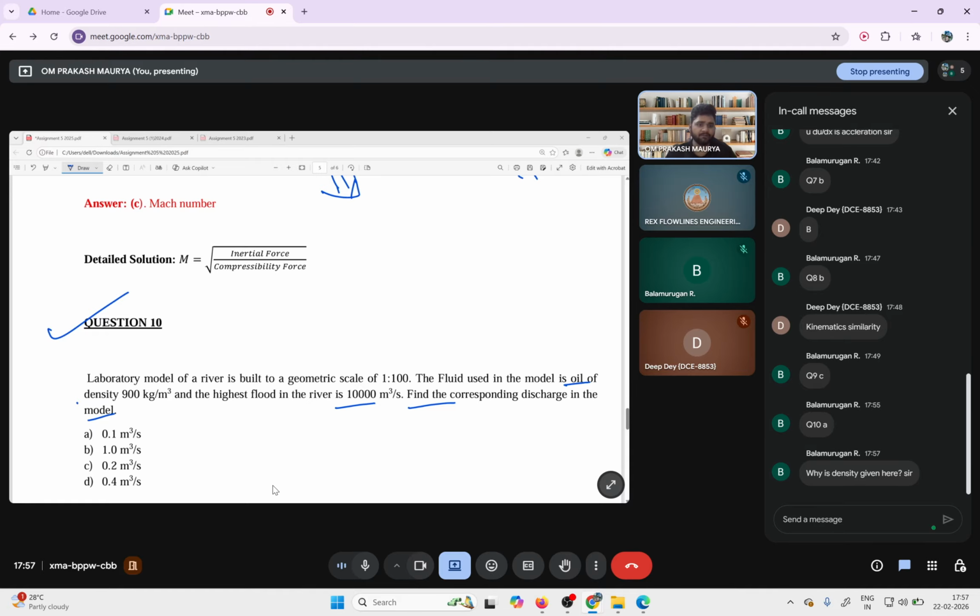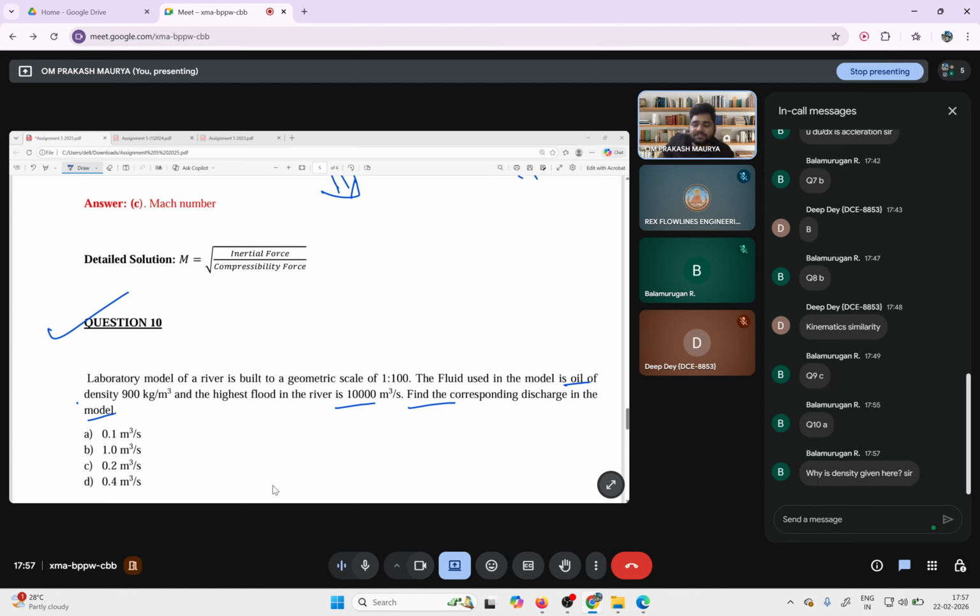Okay, why is density given here? If we are discussing the Froude number similarity, there is no relation with the density.